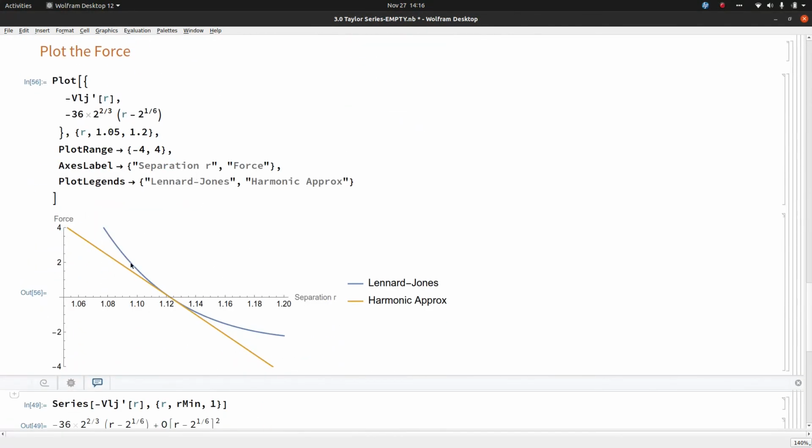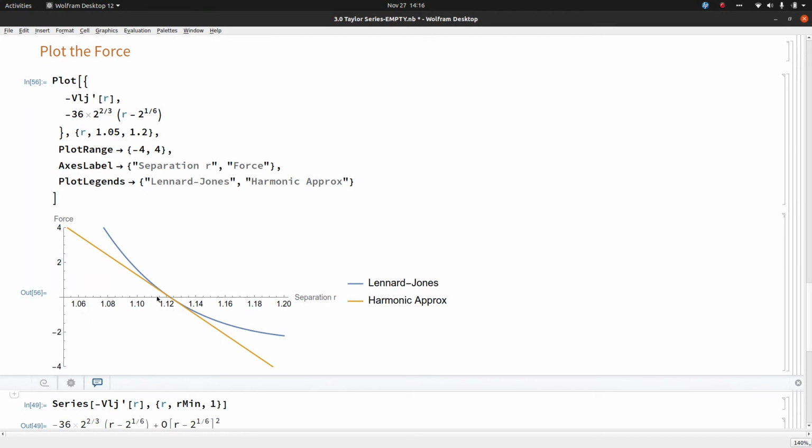That's this blue curve here. It is not a Hooke's law force. So remember, Hooke's law was just a straight line. And an actual molecular bond is not going to be that, but I can approximate it as that as long as I don't stray too far from the equilibrium position, as long as I don't stray too far from the natural bond length.